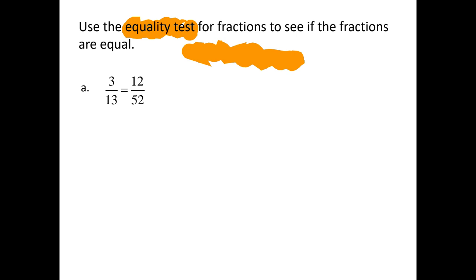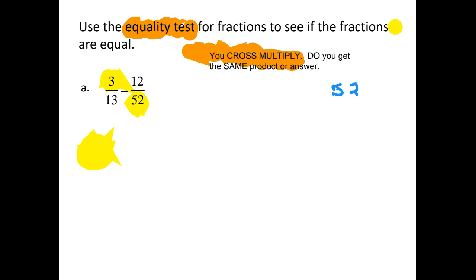Well, here we go. We're going to take, in this case, this 3 and this 52, and notice where I'm putting my answer. It's right here. Well, if I take 52 and multiply by 3, I get 156. That goes here. This number multiplies by this number, and it goes over here.